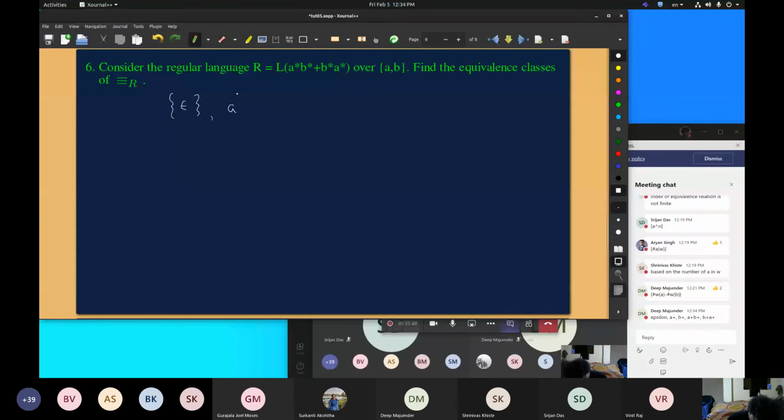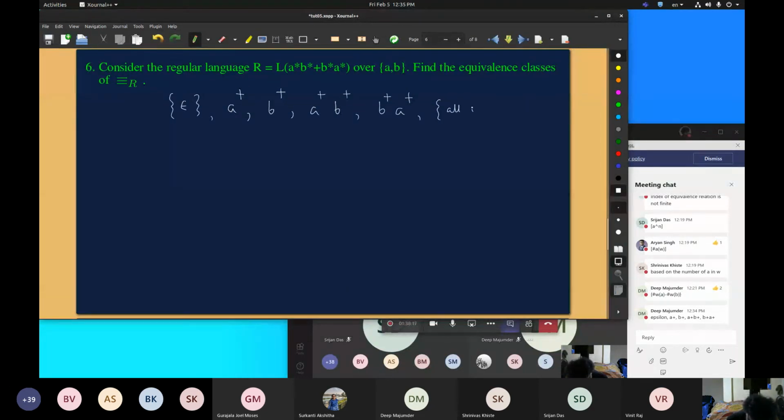A plus consisting of all strings, B plus... I should write language of this, but anyway, abuse of notation. I'm using this symbol. Actually, there is one thing missing. So one equivalence class is missing.